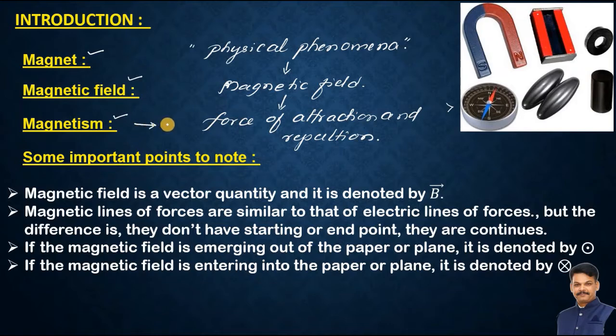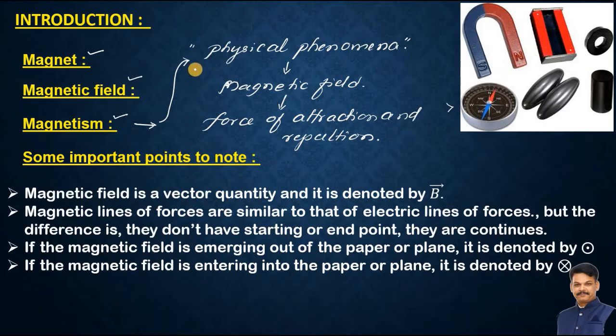Dear students, I repeat once again. Observe. Magnetism is actually a physical phenomenon. Because of this phenomenon, a magnetic field is created, and within that magnetic field, according to different situations, we can observe the force of attraction or the force of repulsion.